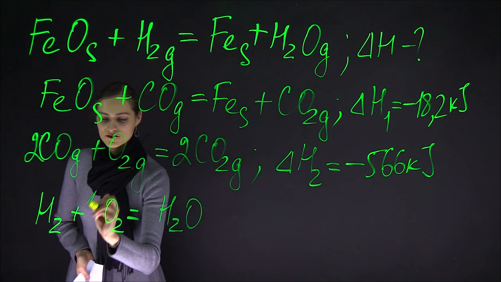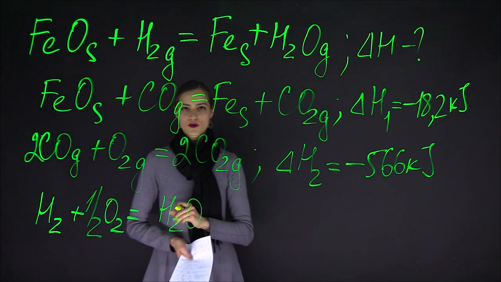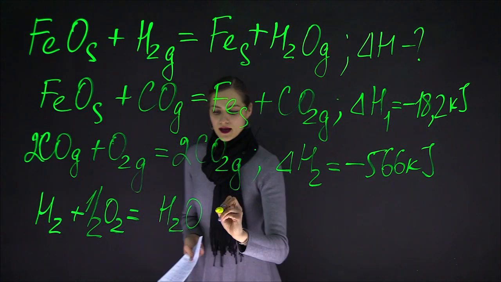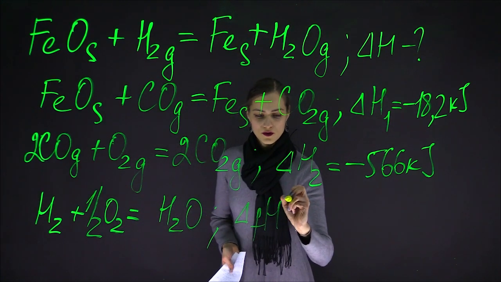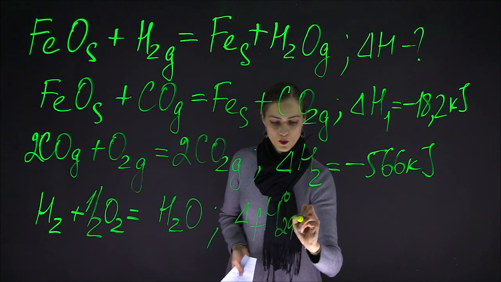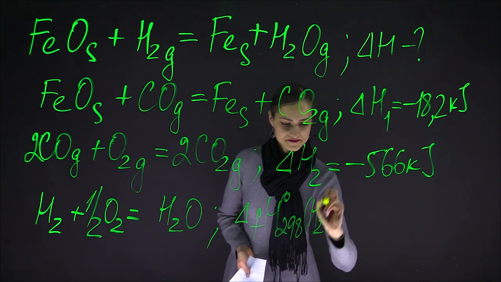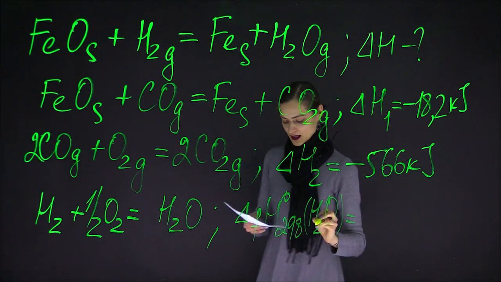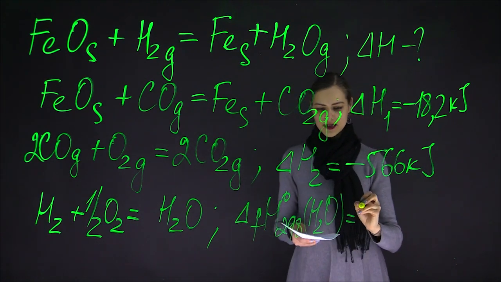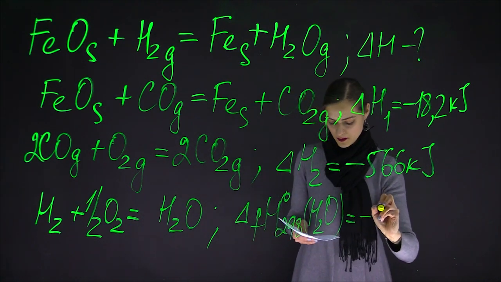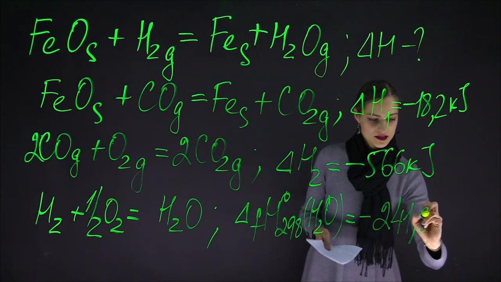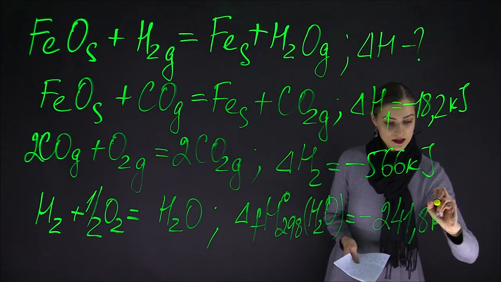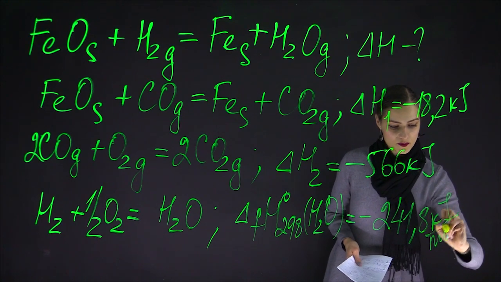So we need to write here just half a mole of oxygen. And the standard heat of formation for water vapor, according to table data, equals minus 241.8 kilojoules per 1 mole.